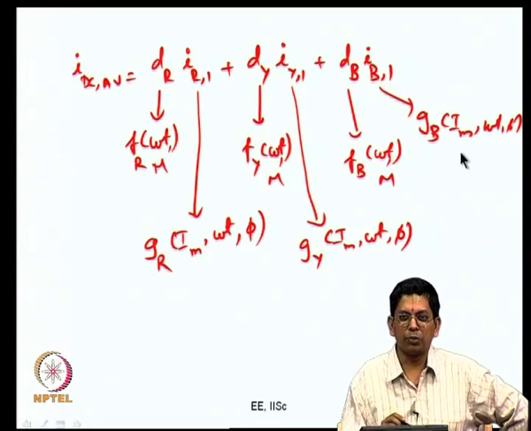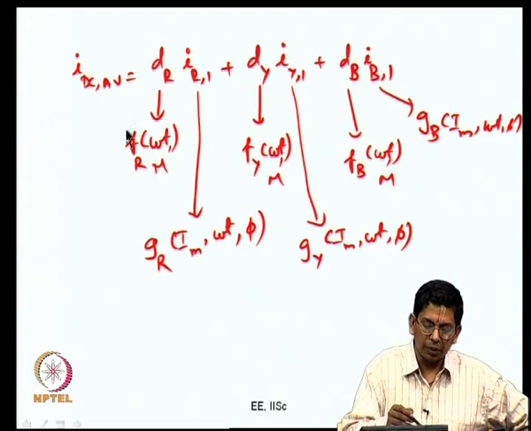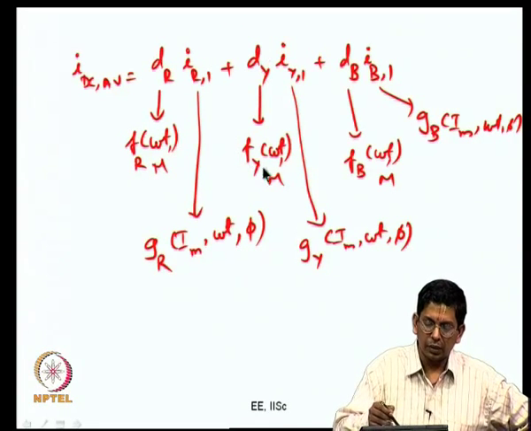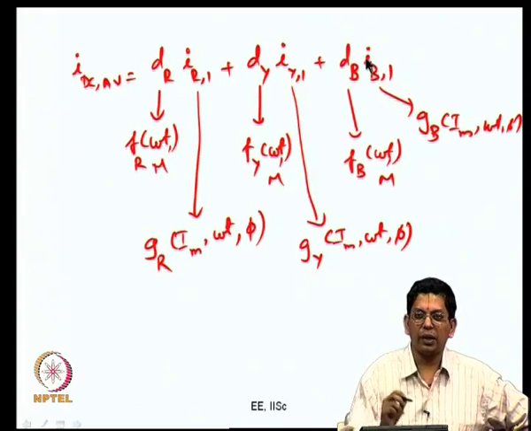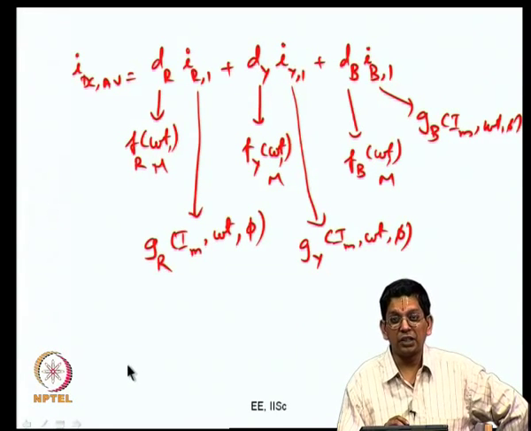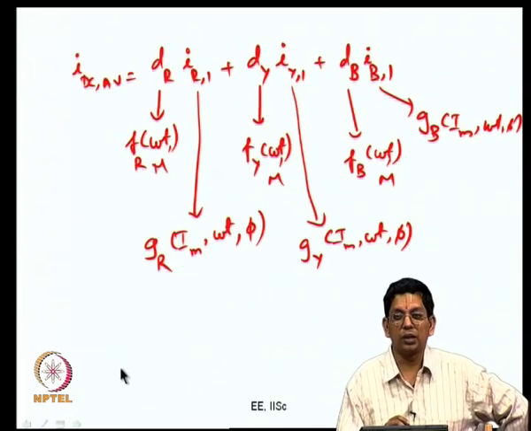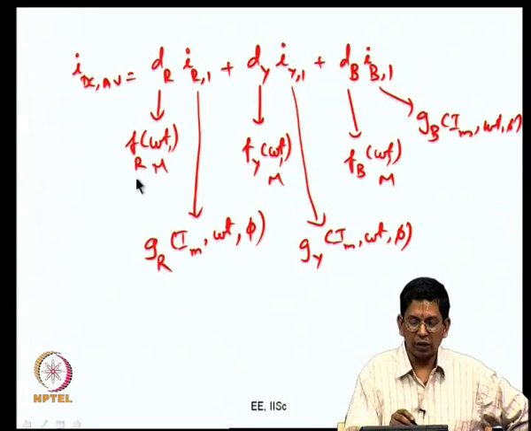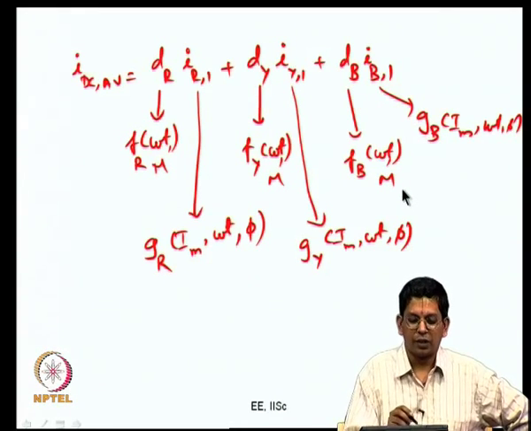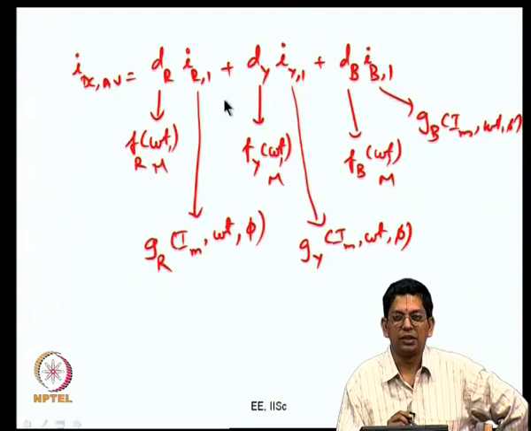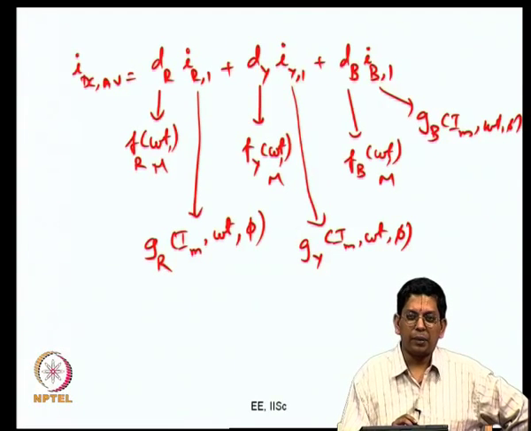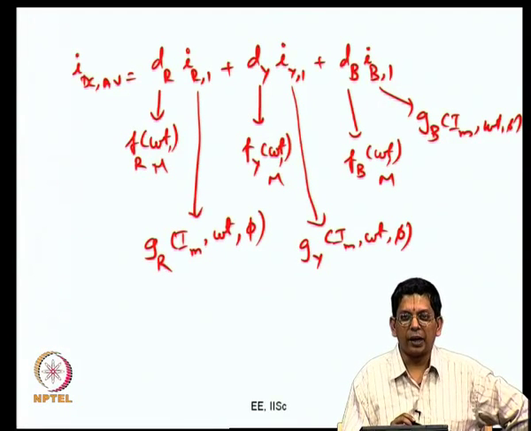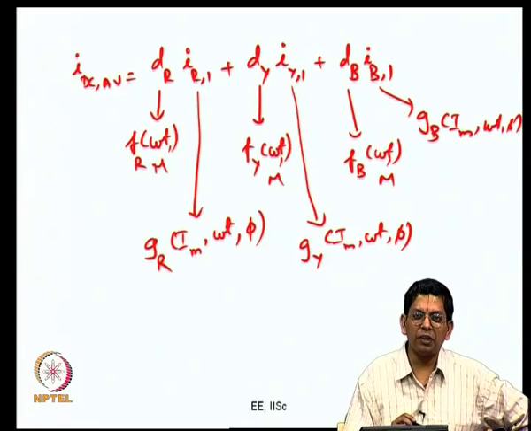So, these are 3 simple functions now. So, what depends on the PWM signal? This depends on the PWM signal dr, dy and dB, and this varies from one PWM method to another PWM method also. So, there will be some variations you must expect when you do these kind of studies, but there are always some ways to say that there may not be a very significant difference.